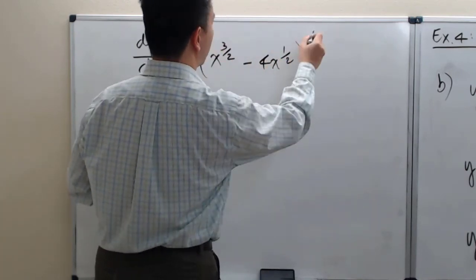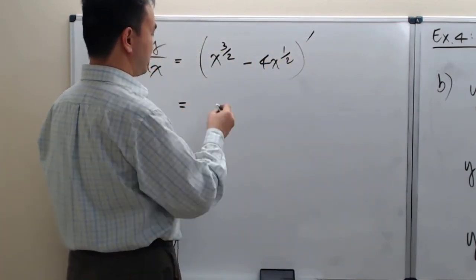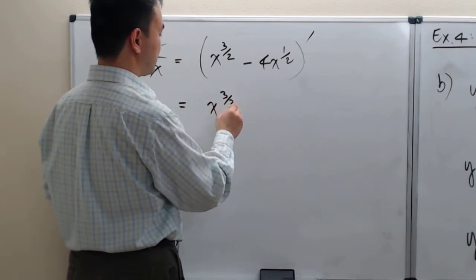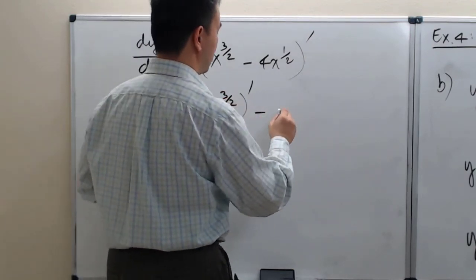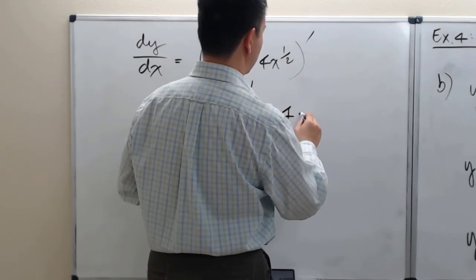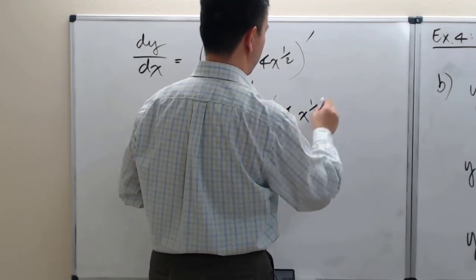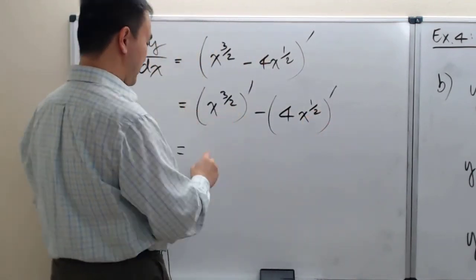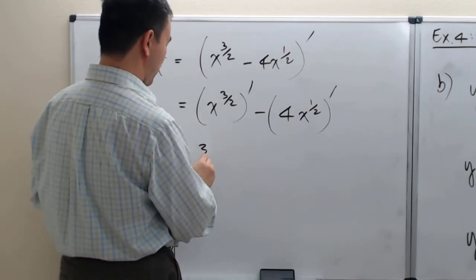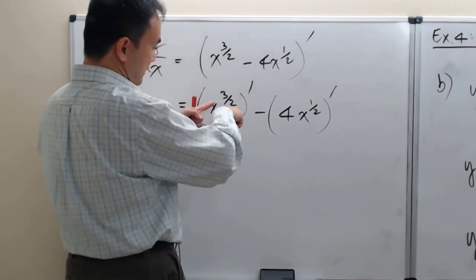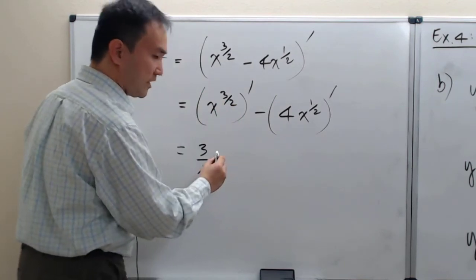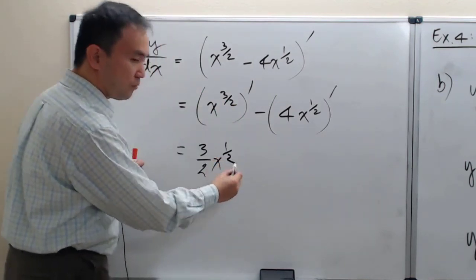But we take an overall derivative, and so first term, right, that's the difference rule, and now that first term becomes a 3/2 times x to the 3/2 minus 1, so that gives me 1/2.